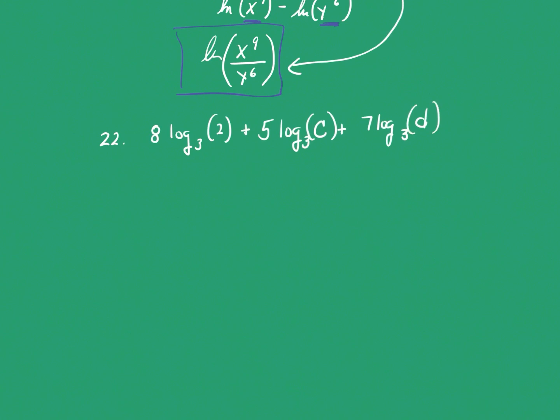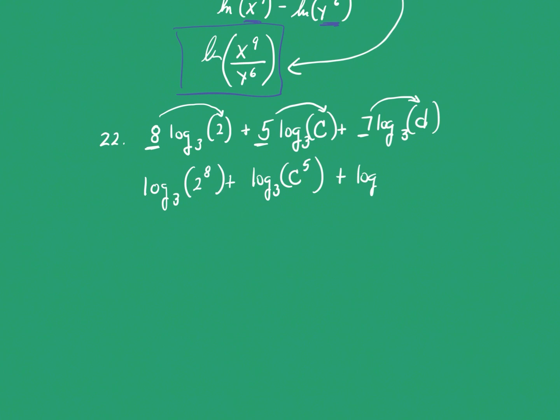Well, to use any of our properties, the first thing we need to do is get rid of these leading coefficients. So we're going to move those into our parentheses using our log power property. The first thing we would do is log base 3 of 2 to the 8th plus log base 3 of c to the 5th plus log base 3 of d to the 7th.